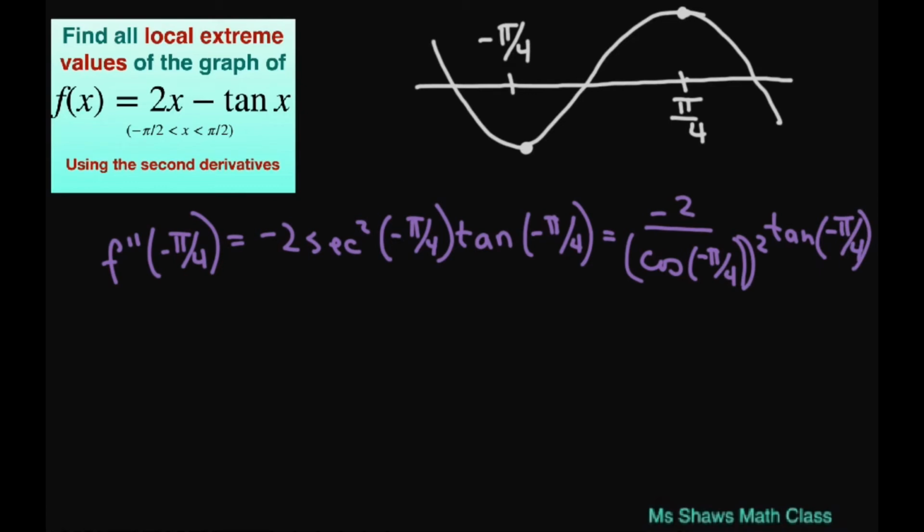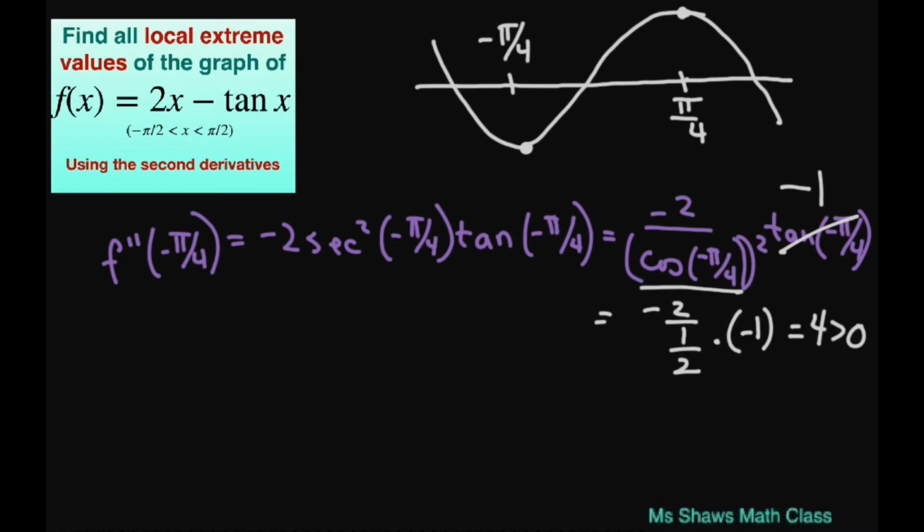Now this just equals negative 1. All right, so this piece is going to equal the same thing we got before, negative 2 divided by 1 half times negative 1. And this is going to equal positive 4, which is positive. Since it's positive, you're going to have a minimum.